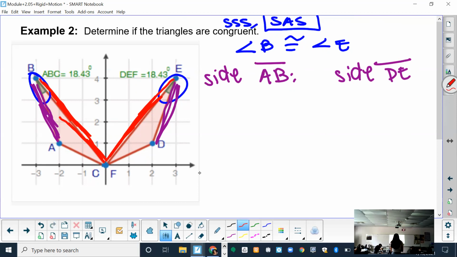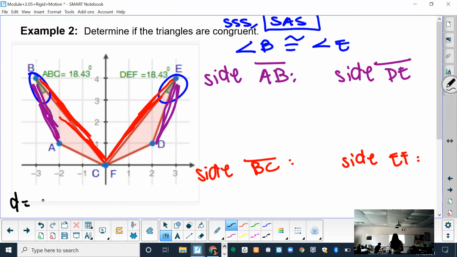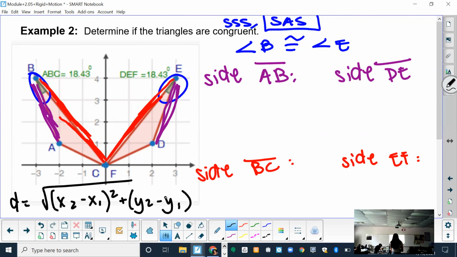Then once you've found that, you'll find it for side BC, and then for side EF. All right, I'll put the distance formula down here. I really need you guys to practice. Even if you get it wrong, that's all right. I'll help you out if I see you wrong.